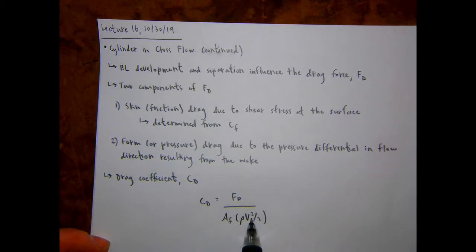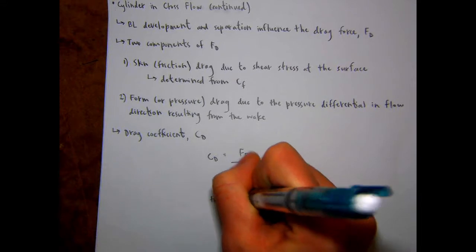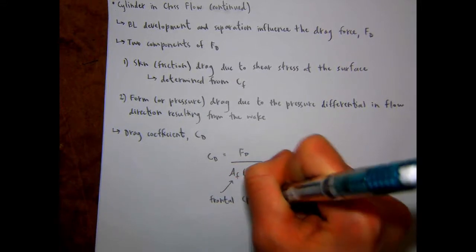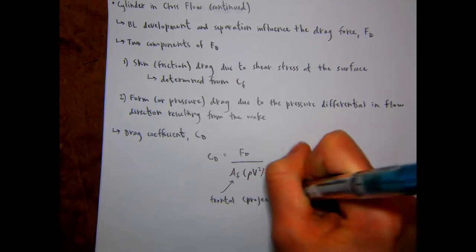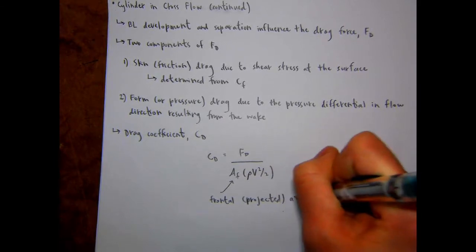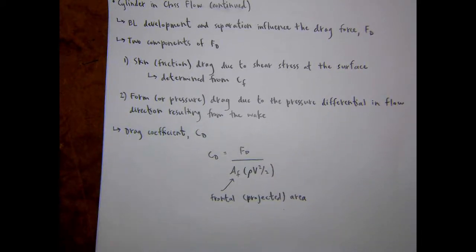So that's rho v squared divided by 2. And this, A sub F, is the frontal or projected area in the flow direction. So if you're looking at the cylinder as the flow would be directly on, then for a cylinder it's just the diameter times the length, right? So the projected area of the frontal part of the cylinder.